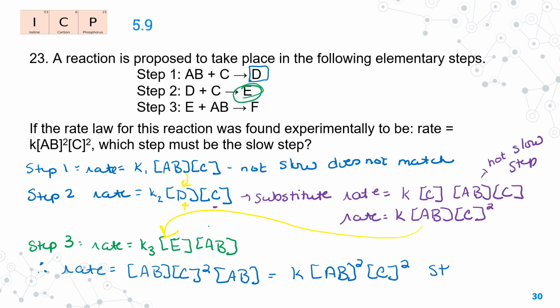So step 3 is the slow step. And this is called steady state approximation, meaning that I can just take whatever my rate is for a product and put it in to estimate what the rate is for a later step.